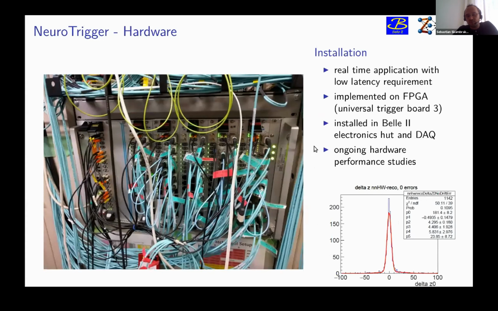The data is recorded, and we are debugging the data coming from the network and making first performance studies. On the right, you can see such a plot. There are still errors, but if we do error correction in software of the errors we have already found, we can see that we achieve a resolution of the order of 4 centimeter with this network.